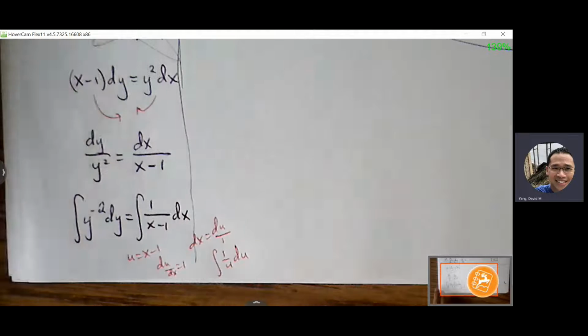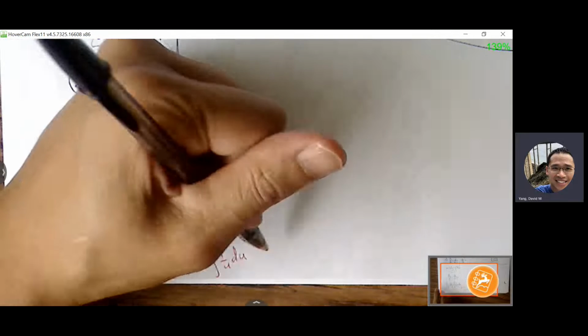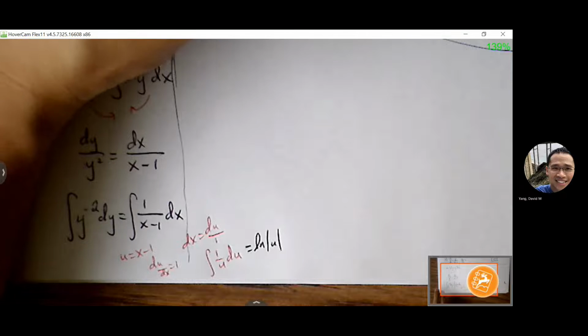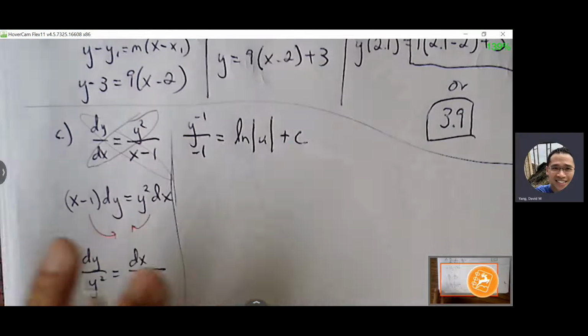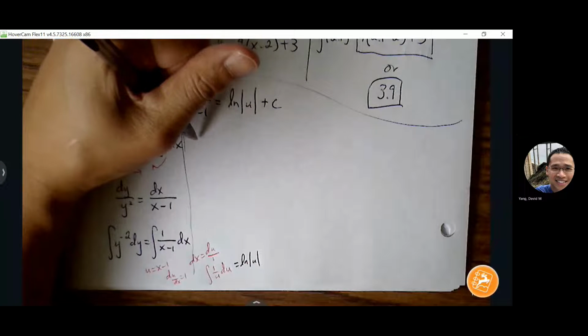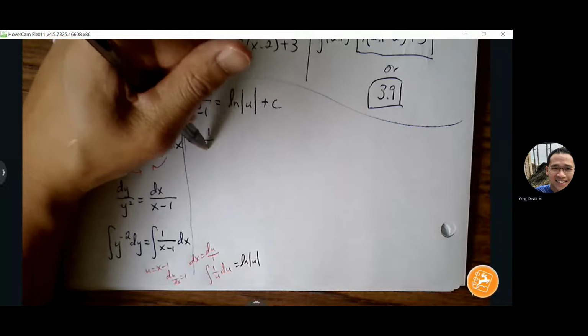Okay, so right side, 1 over u du, which ends up being natural log of the absolute value of u. Okay, let me bring the original variable back, and I'll clean up my left side as I do that as well.